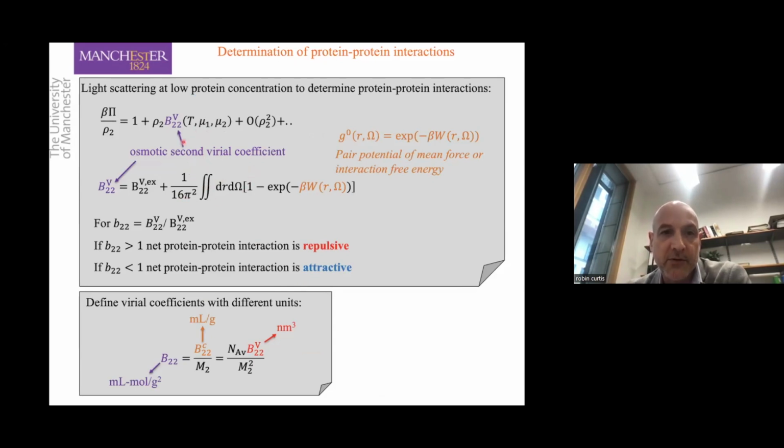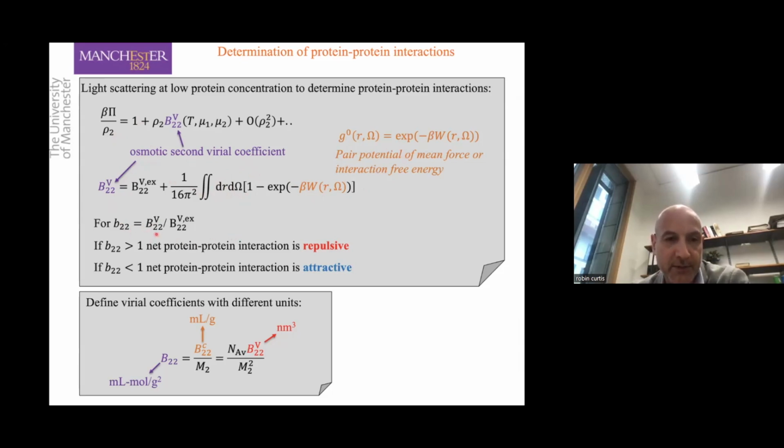This virial coefficient is related to an excluded volume contribution plus an integral of the potential of mean force, which is an interaction free energy, over all the non-overlapping configurations between a pair of proteins. So we can relate the light scattering to this virial coefficient, which then tells us about this average interaction free energy.